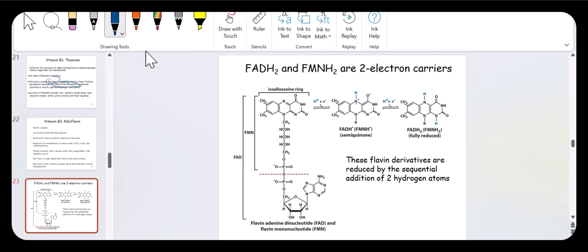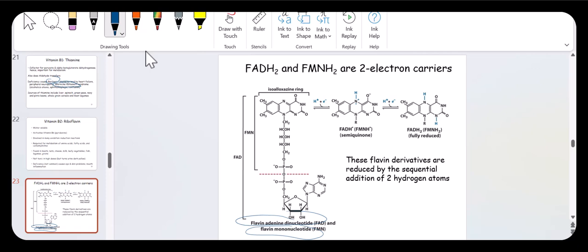One of them is going to be flavin adenine dinucleotide. So right here. Another one, flavin mononucleotide. The flavin part comes from riboflavin. So that's why I'm saying it kind of goofy. So we're going to do a lot with those because we're going to have them carry electrons for us.